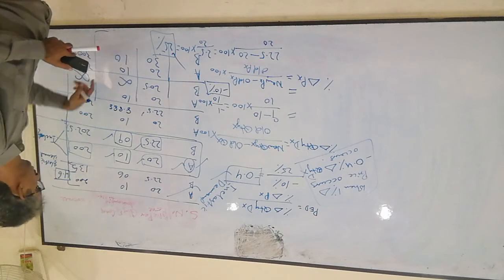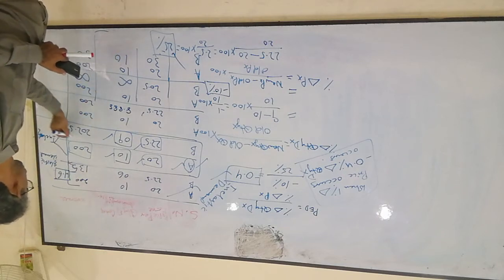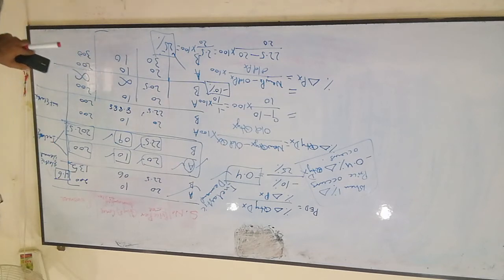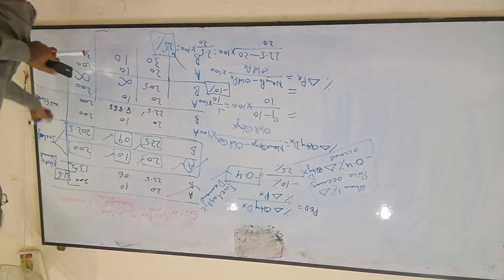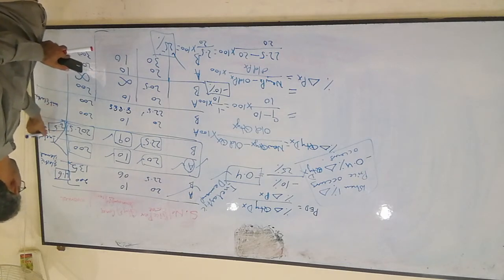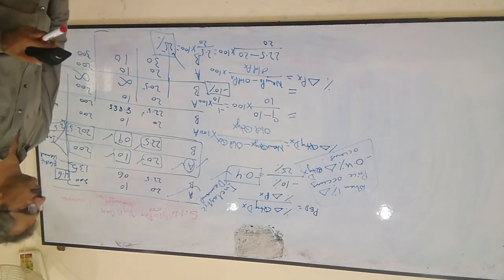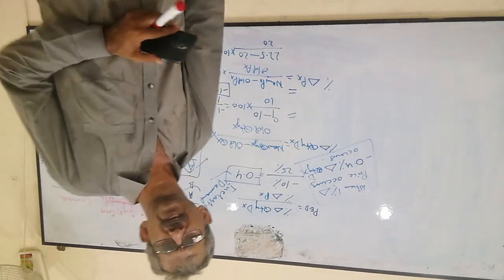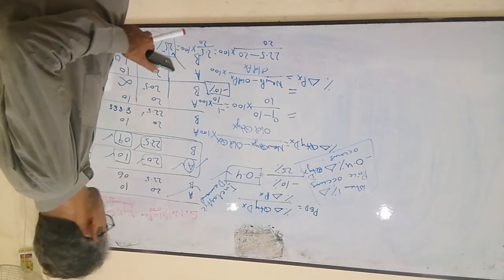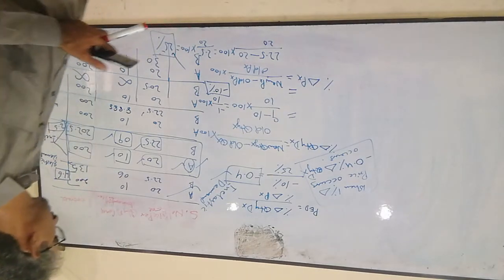So the revenue is 202.5, which means 2.5 rupees more compared to the previous revenue. So it will encourage the sellers to increase the price. They are not selling as much, but they will earn more by increasing the price.